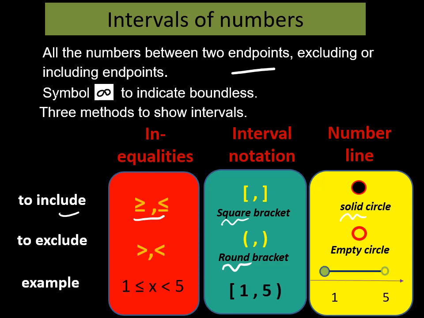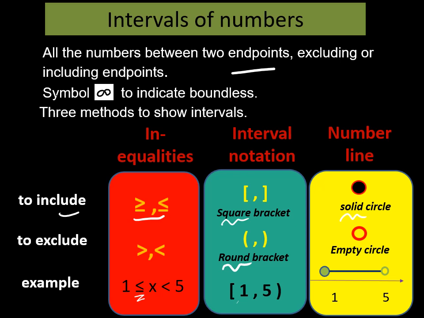So let's see an example. Let's say we want to write down the interval notation for x between 1 and 5, where 1 is included. Included means that we have to use the square bracket. So square bracket of 1 to 5 with a round bracket. For the number line, we write down our line first.